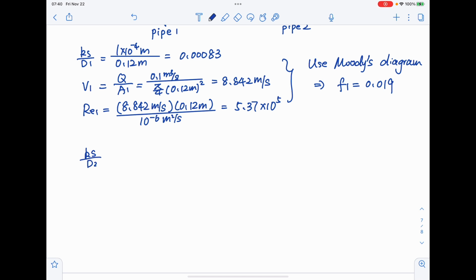Ks over D2 equals 1 times 10 to the negative 4 over 0.24 meter.